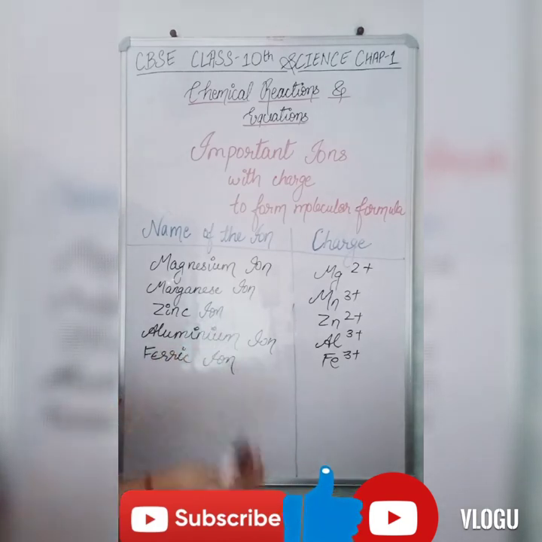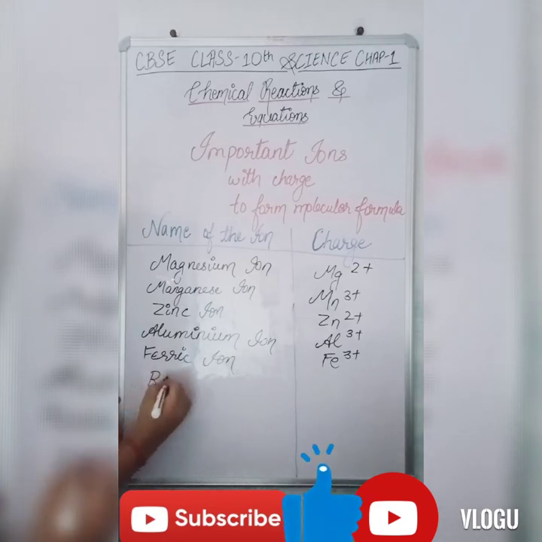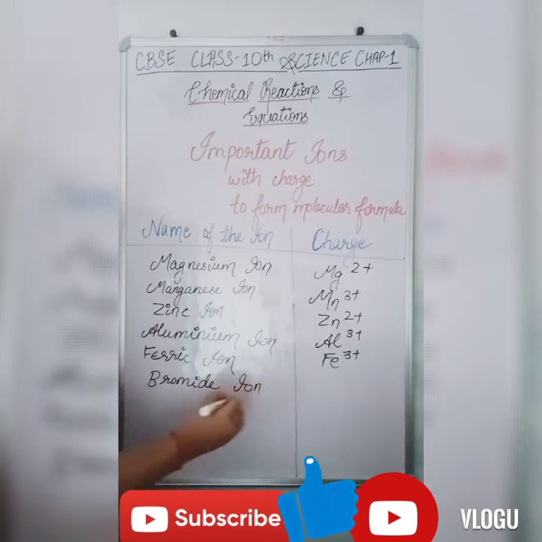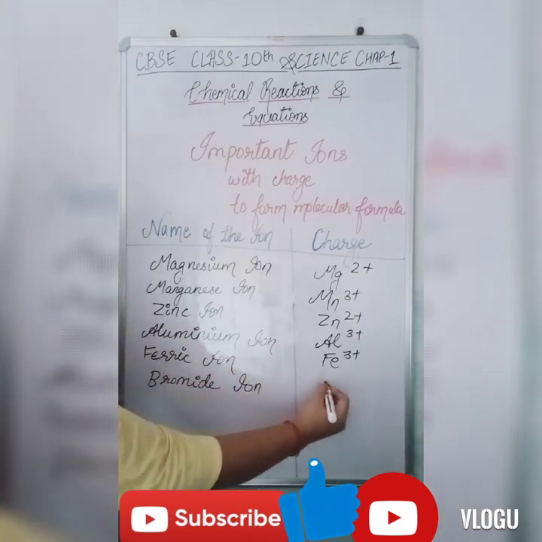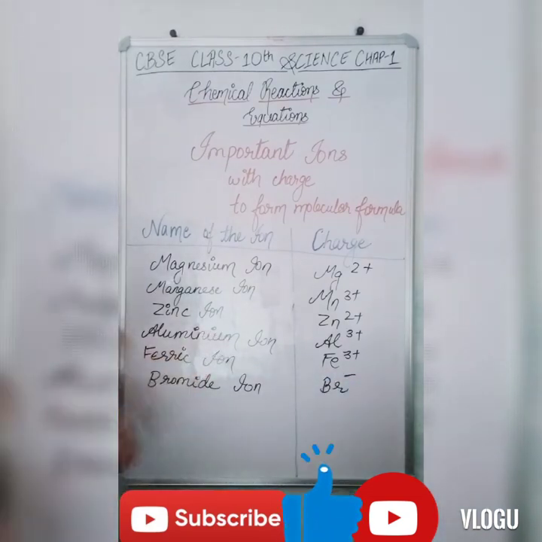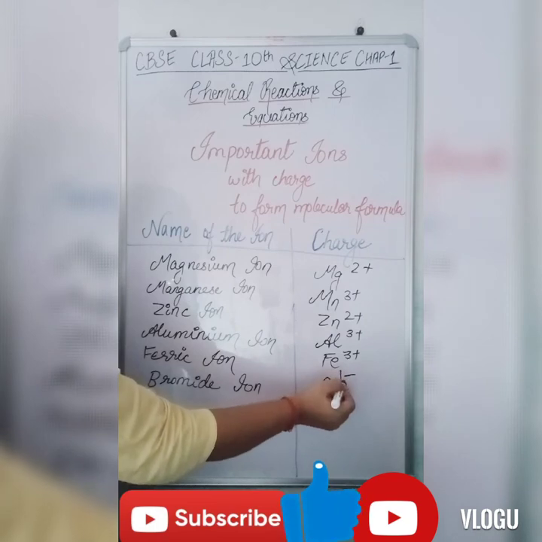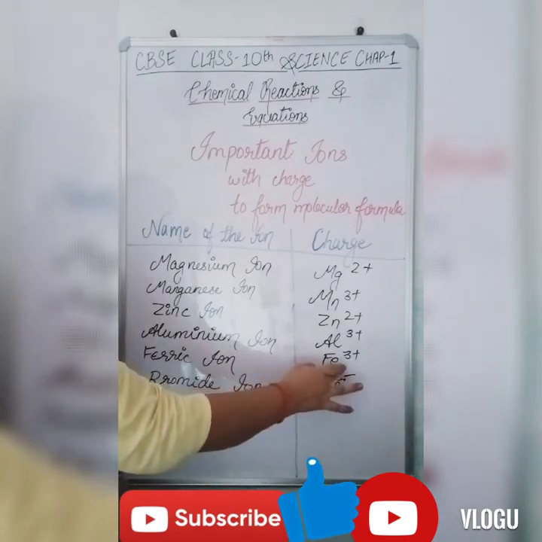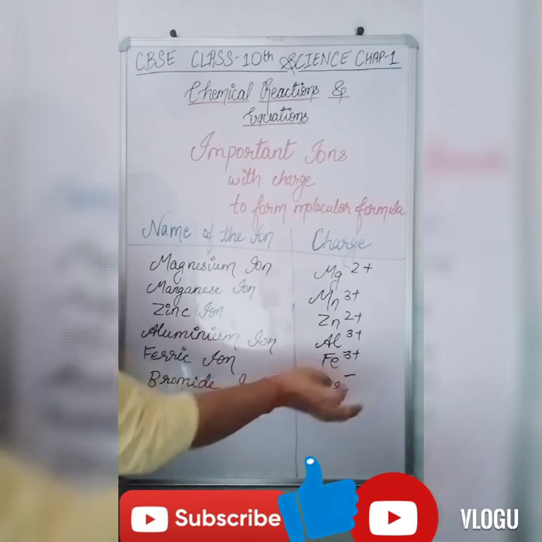Moving to some anions, bromide is important. Bromide ion is Br minus. Actually it is 1 minus, so we don't need to write 1, it is already understood, so we only write minus there.